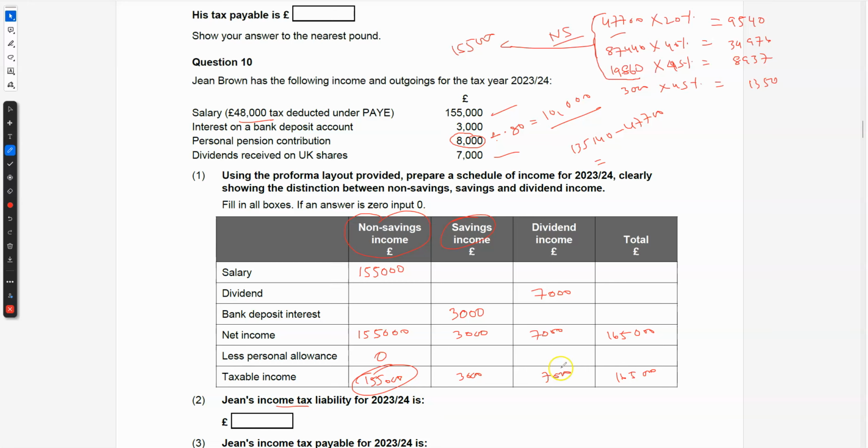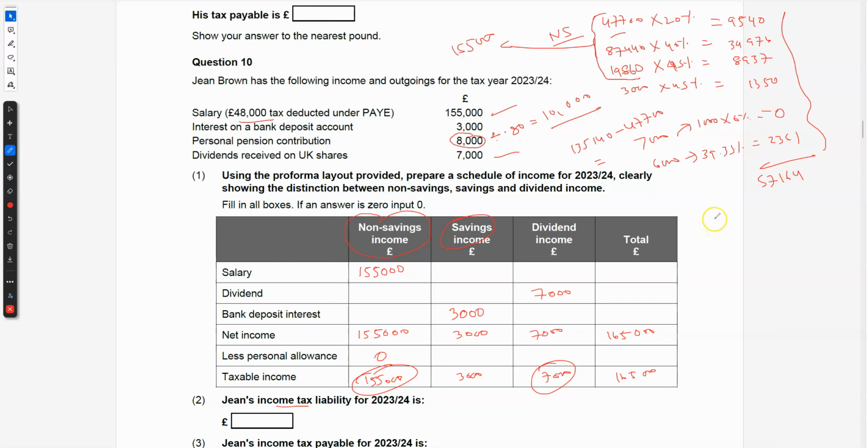Finally we have a dividend of 7,000. So 1,000 will be free, 0%, and the 6,000 will be at the additional rate, that is 39.35%, and that will be 2361. That's it. If we add all of these taxes, that will be a total of 57,164.